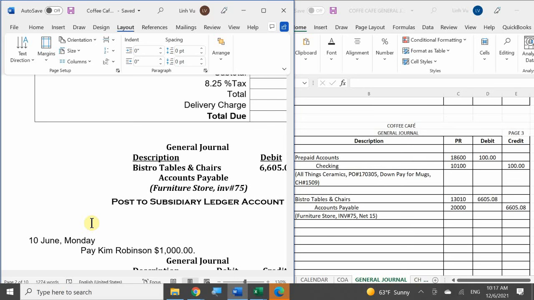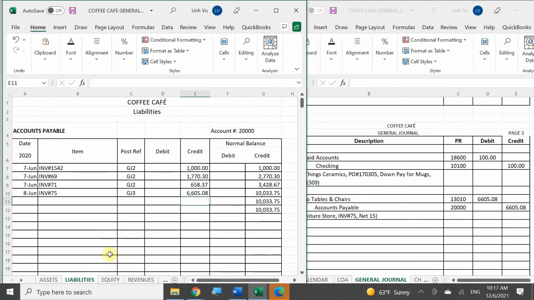We posted it to our liabilities. Let's check our liabilities. In this case, I only put invoice numbers. Do I know which one belongs to which one?